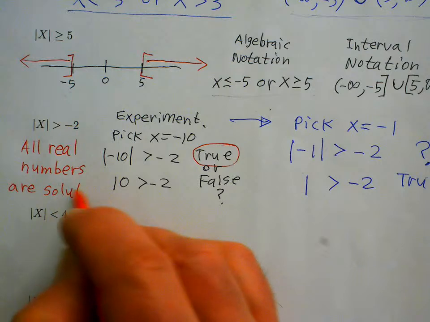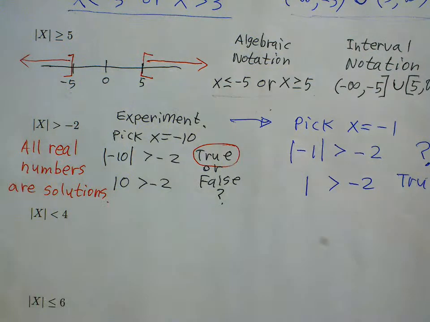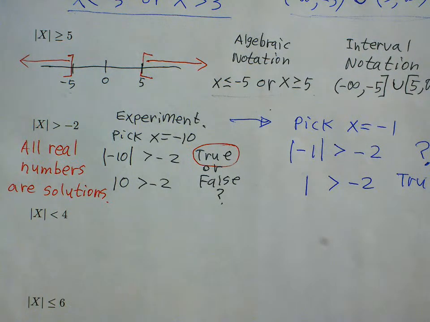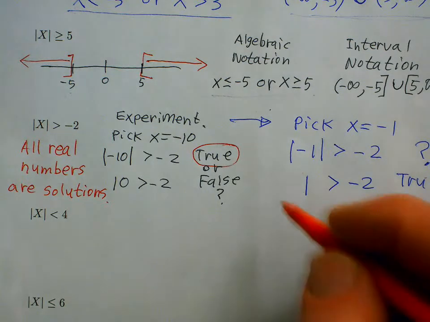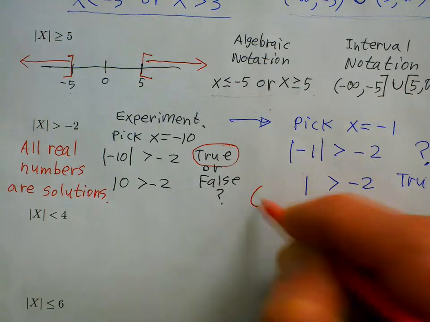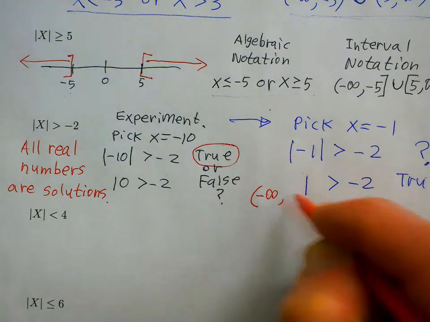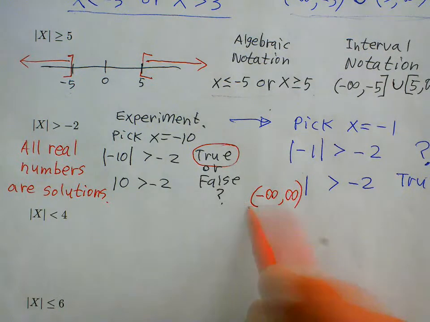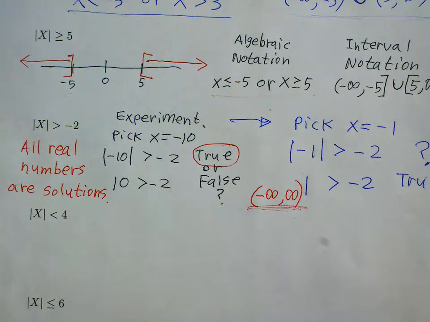What's the interval notation for all real numbers? Yeah, -infinity to positive infinity, surrounded by parentheses. So parenthesis, -infinity, comma, infinity. That's the interval notation for all real numbers.